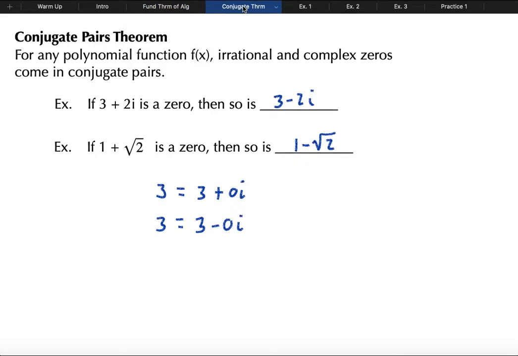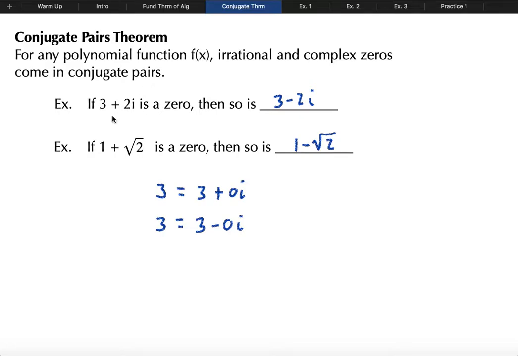Now, let's move into another theorem, one that you probably saw in Algebra 2. This is your conjugate pairs theorem, and it says that for any polynomial function f of x, irrational and complex zeros have to come in conjugate pairs.